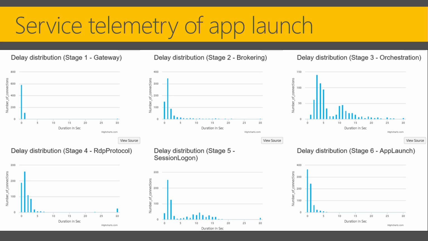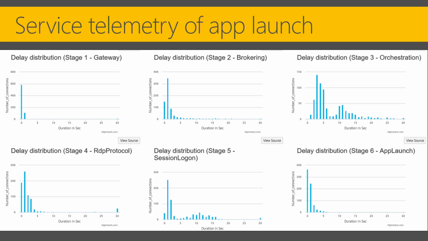So that's part of the thing. We're shipping twice a month. We're making changes. We're making improvements. We're looking at the data. And so on here, it's kind of easy to see some examples. The stage 1, the gateway, that was pretty quick. Stage 2, brokering, it's got a tail end, but then orchestration looks like there's some bumps. That's not very good. There's what's going on. It gives us a point of view where we can go and look at that.